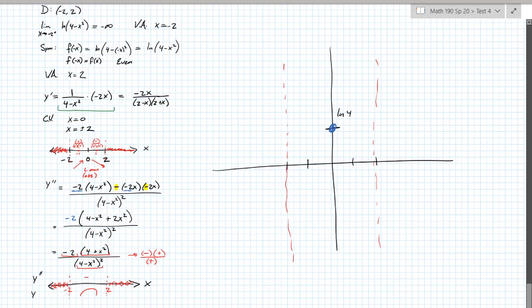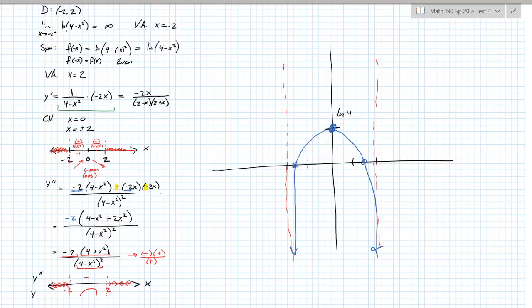We have some intercepts here and here, and if we want, we can find those intercepts by solving 0 equals the ln of 4 minus x squared, using logarithmic to exponential form.